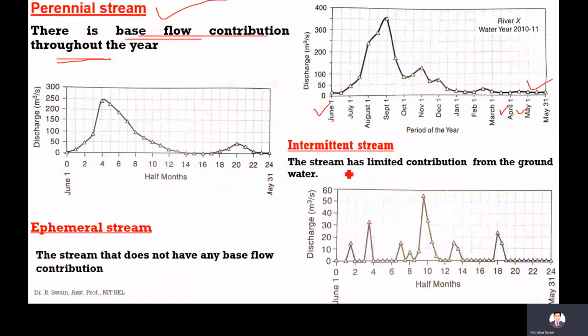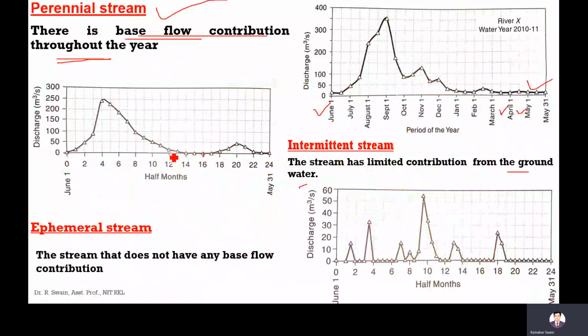An intermittent stream means there is limited contribution from the groundwater. During the rainfall season there is contribution, as you see here from June 1 up to October, November, December. After that there is no contribution; some limited contribution is there, but during the rainy season at least there is contribution.